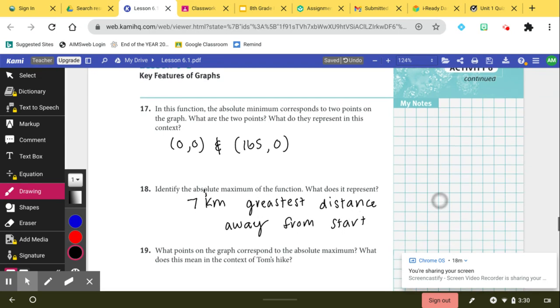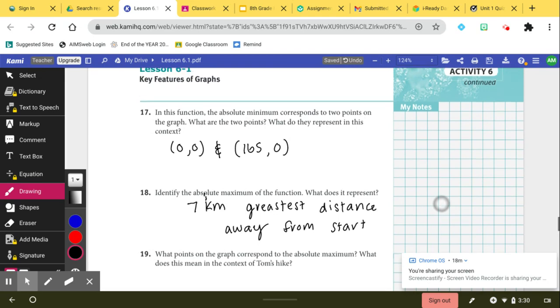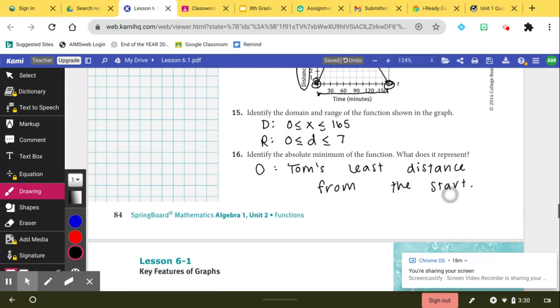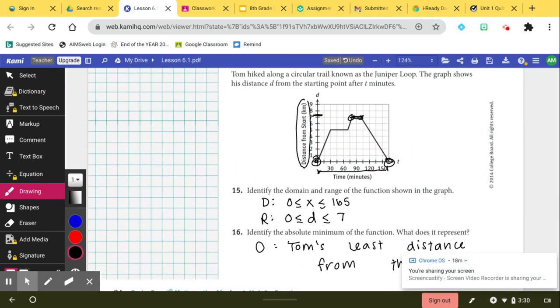So it says, what points on the graph correspond to the absolute maximum? My absolute maximum occurs at all the points from, what would that be, 75 minutes to 105 minutes. Well, I guess it's a little bit off, so maybe about 80 to 100.